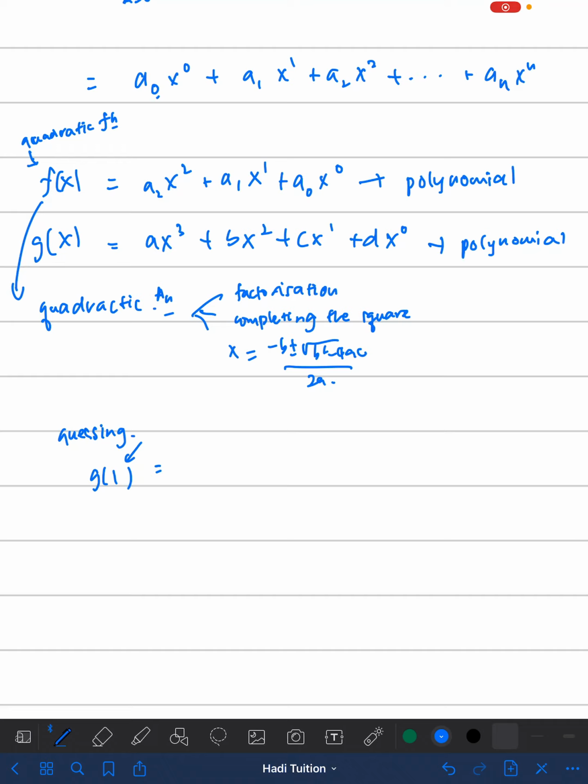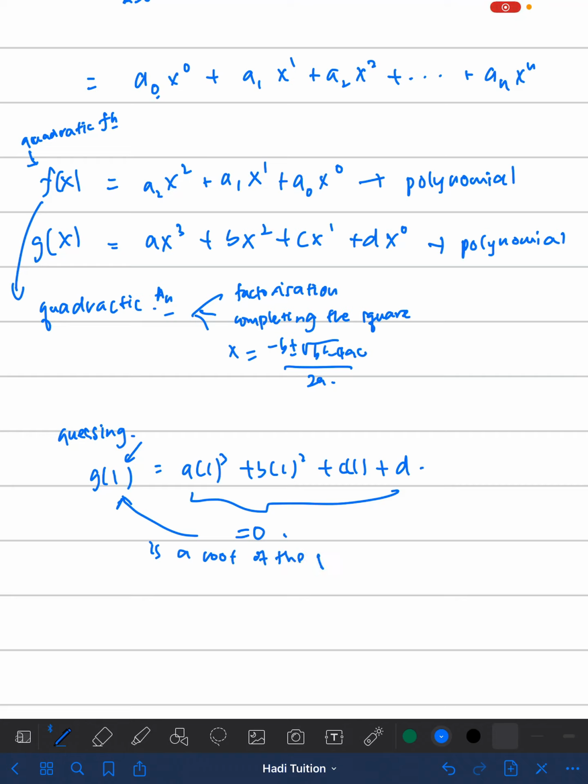For example, in the case of a cubic, we have a(1)^3 plus b(1)^2 plus c(1) plus d. Say all of this equals 0, then the substituted value is a root of the polynomial.